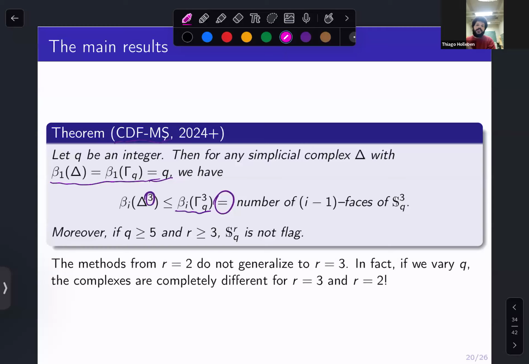The method is basically discrete Morse theory, if anyone likes that. It's also very combinatorial, very topological, and a completely different set of techniques, so it's very nice. If people are interested, there are many things you can do. All of this is very recent, from like last year or something like that. So yeah, that's it.